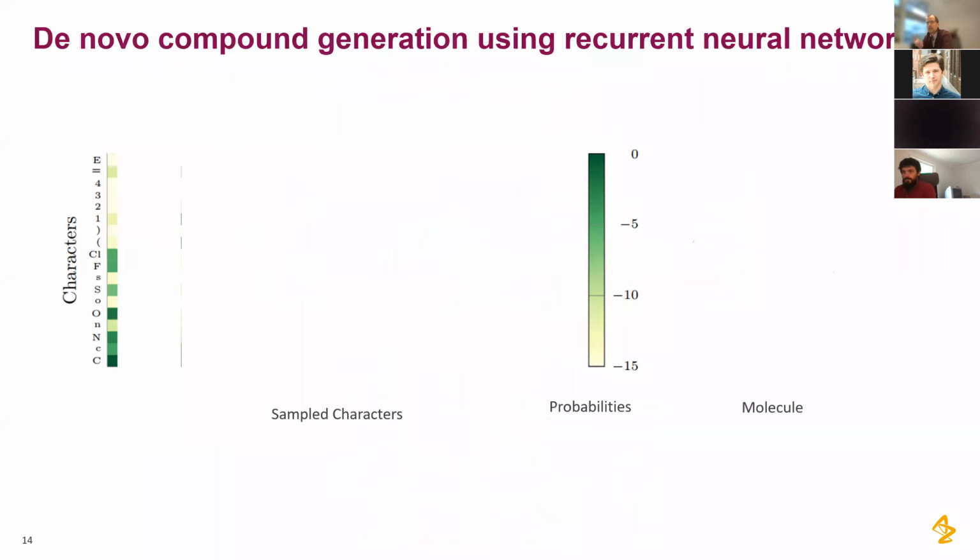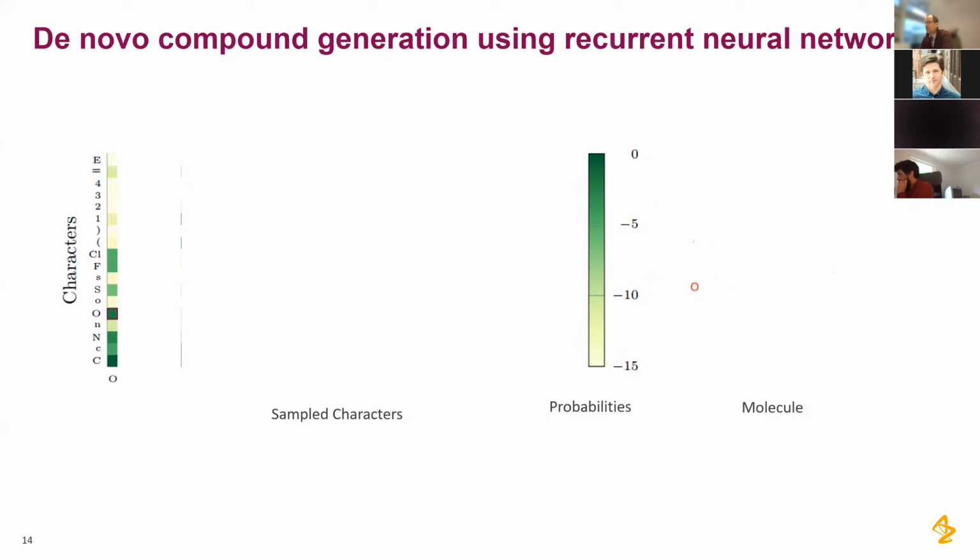Let's have a look at an example. Here's the first probability distribution to the left, where we see that carbon is the darkest green, so that's the most probable one, closely followed by oxygen. Some of the other characters are also possible. Let's see, we sample and it selects oxygen, and we can update the molecule here on the right-hand side with an oxygen.